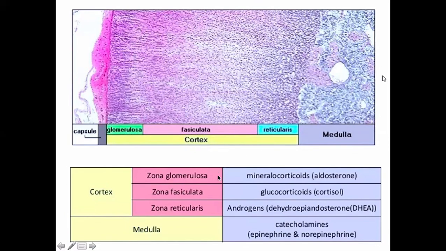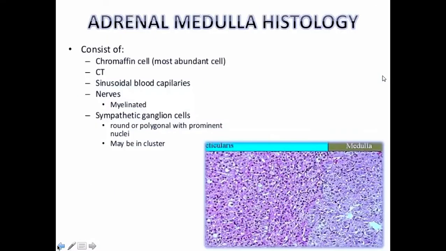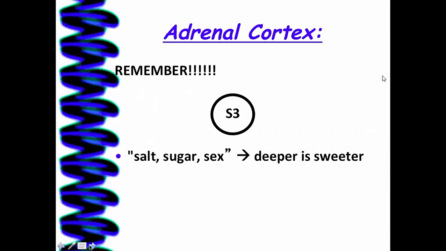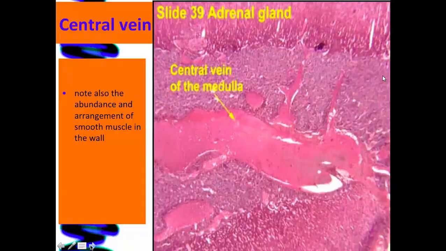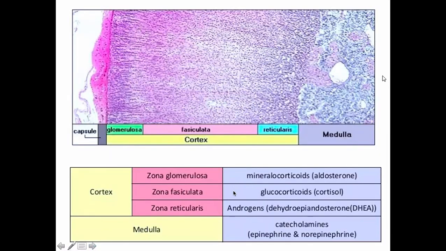So glomerulosa produces mineralocorticoids, fasciculata glucocorticoids, and the reticularis the androgens, the S3. Ano pang S3 natin? The salt, sugar, and the sex. And medulla produces the catecholamines, epinephrine and norepinephrine.